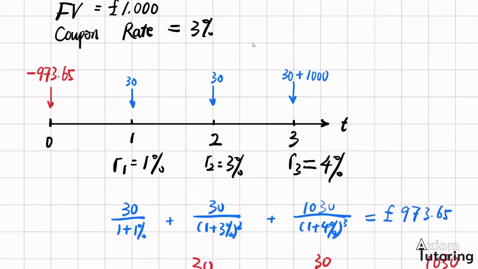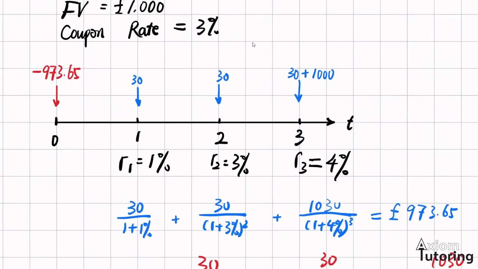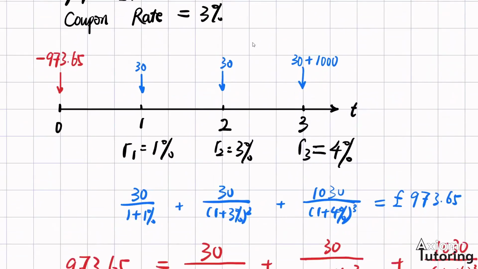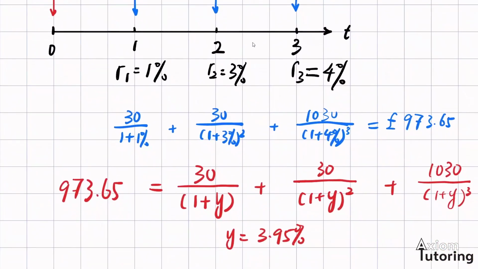So this is the yield to maturity for a bond like this. What type of bond? It has a face value of 1,000, a coupon rate of 3% and a maturity of 3 years, and the 1 year spot rate is 1%, the 2 year spot rate is 3%, and the 3 year spot rate is 4%. Such a bond will give you a yield to maturity of 3.95%.